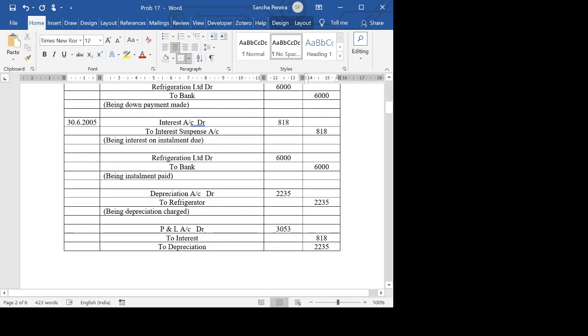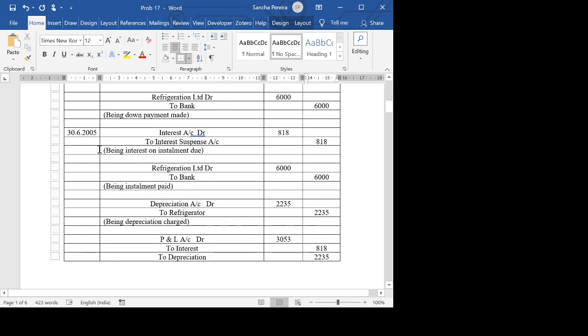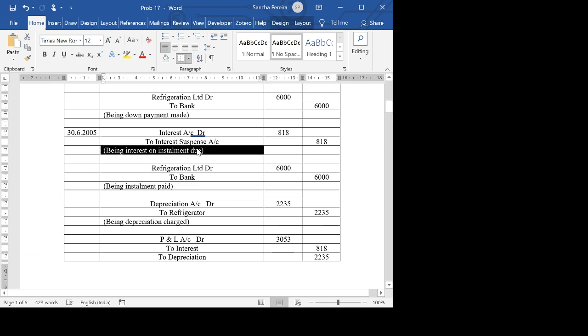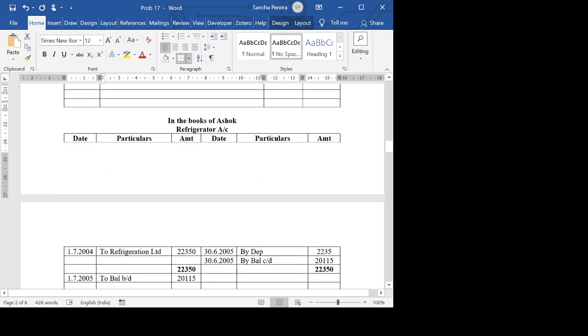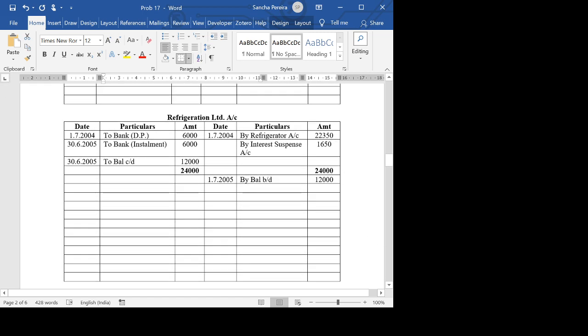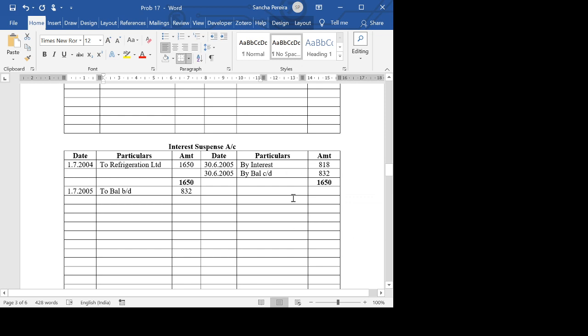I will just copy the narration to save time. Being interest on installment due. Let's post these accordingly. If you say interest account debit to interest suspense account, in the interest suspense account you will have the same thing, by interest.